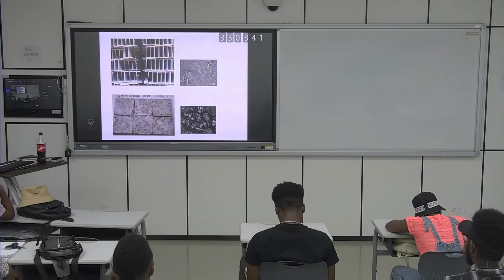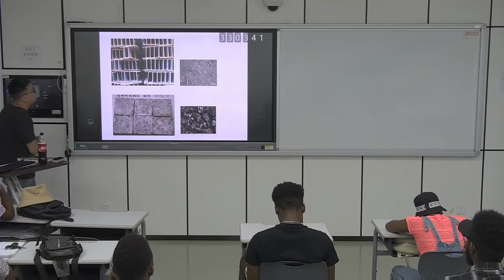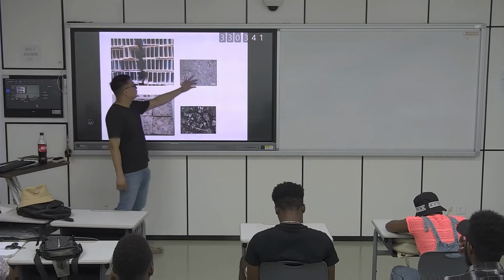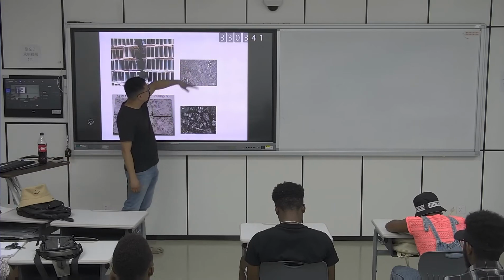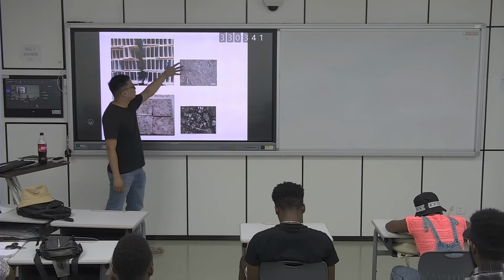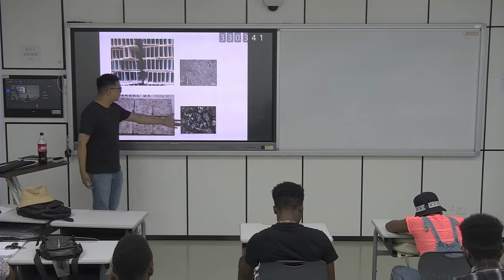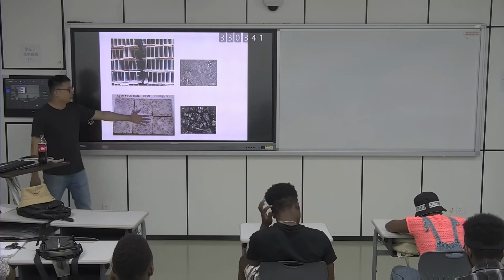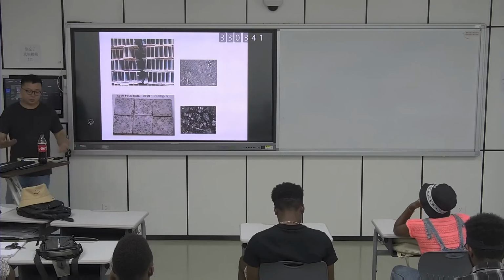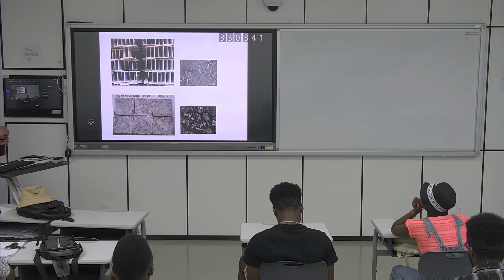And this is the steel. When we see the microstructure of the steel, we can find the arrangement of the material is very good. But for the concrete, you can see this: it has some cracks, some weak points, weak lines.